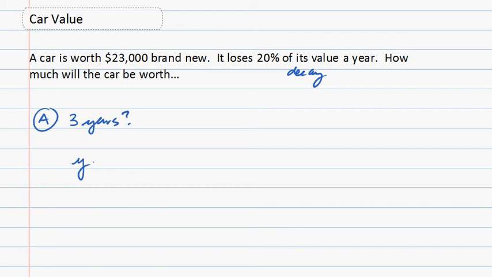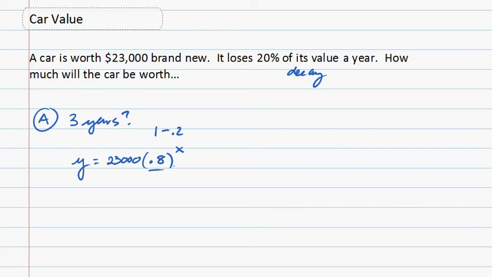Okay, so set up our function again. We're going to write 23,000 as our start amount. Now our b is going to be 1 minus the percent, which would be 0.2. So we're going to put a 0.8 right there and put an x there. Now another way to think about this 0.8 is if I am decreasing by 20% a year, 80% is what would be left over at the end of the year.